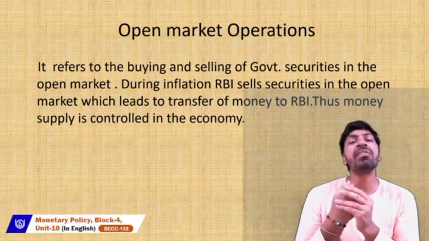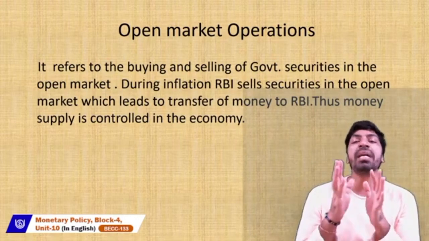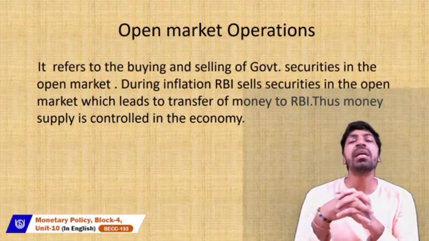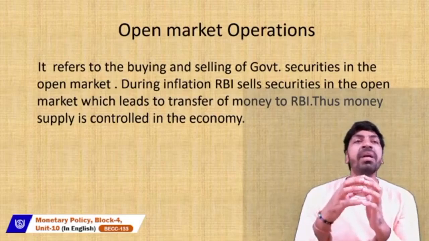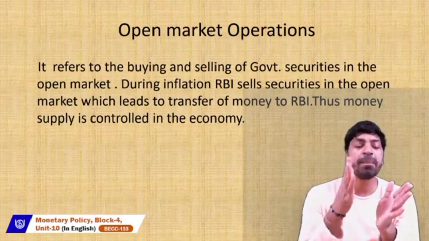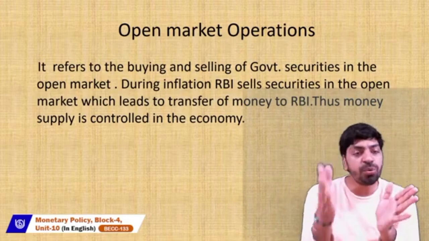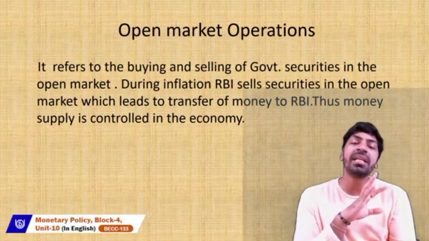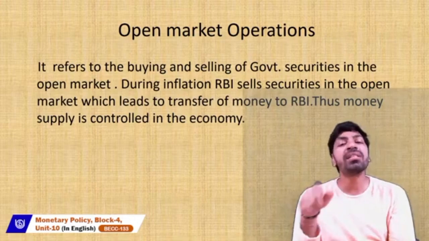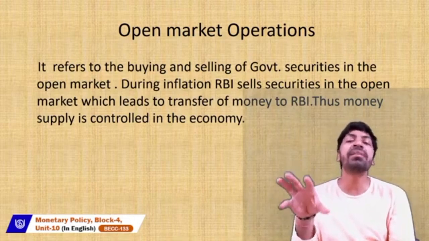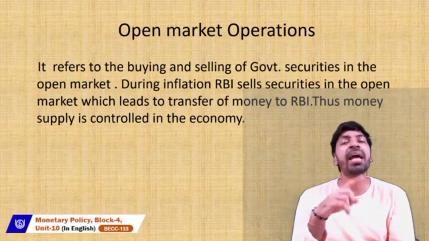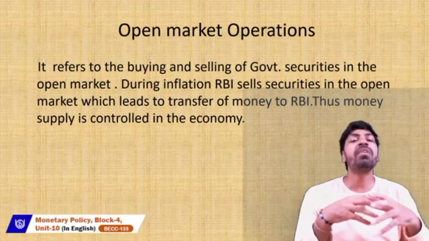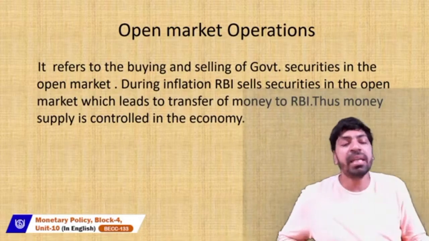In case of inflation, if the RBI sells securities in the open market, the money used to buy those securities will be transferred to the RBI, the Reserve Bank of India, and in this way the supply of money will be controlled in the economy.